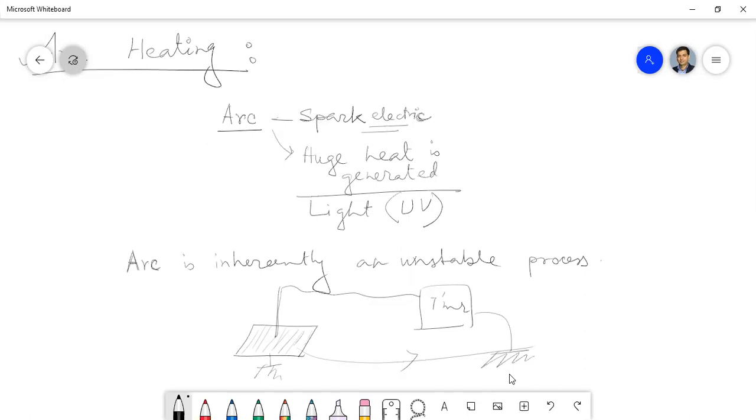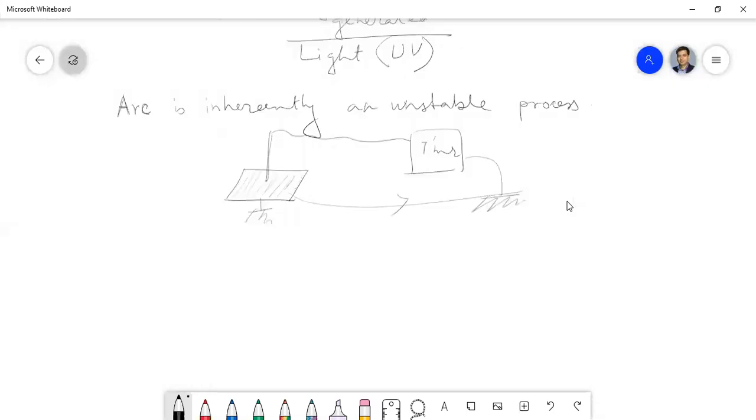ওকে, তাহলে এই যে একটা স্টেটমেন্ট আমরা বললাম, দ্য আর্ক ইজ ইনহারেন্টলি অ্যান আনস্টেবল প্রসেস। এটা আনস্টেবল কেন? তার কারণ হচ্ছে, সাপোজ you already mentioned that arc is formed by ionization of the media.